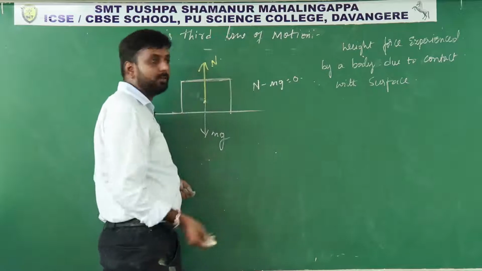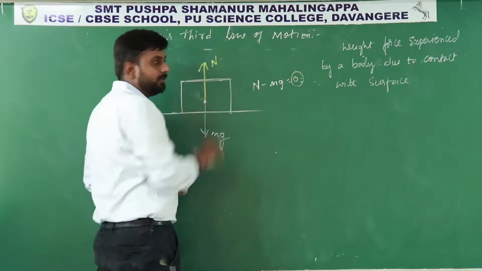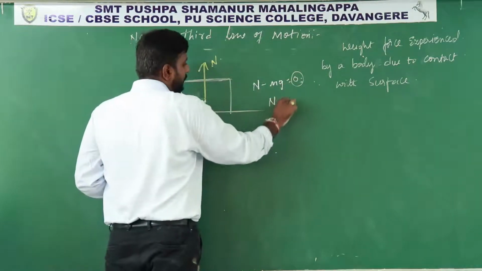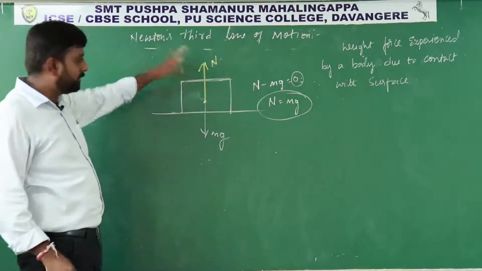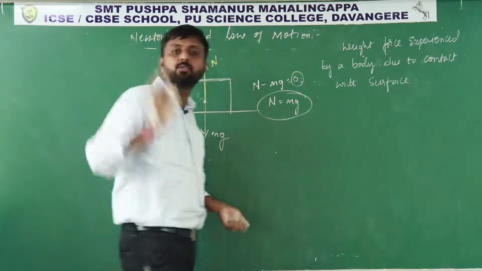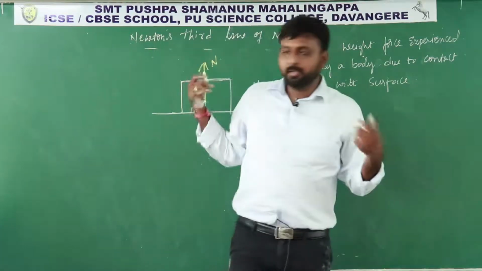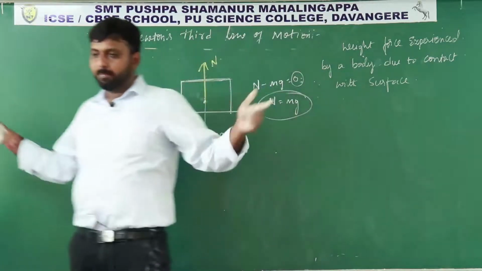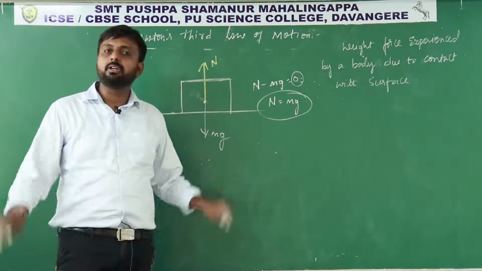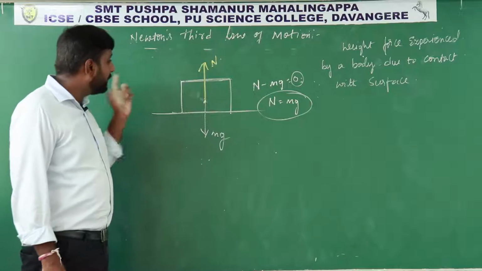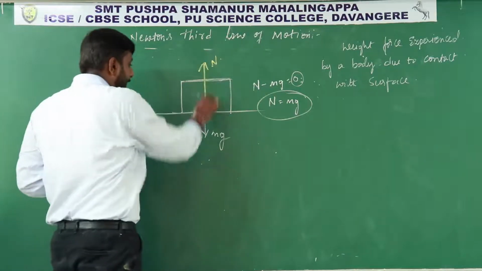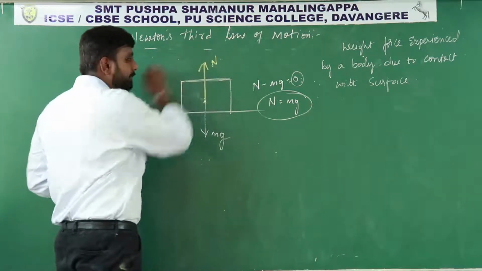Net force is 0 because it is at rest, so N equals mg. An unbalanced force only creates motion. If both forces are balanced, acting in opposite directions and equal in magnitude, that will not create motion. So here the question is: are this N and mg an action reaction pair?